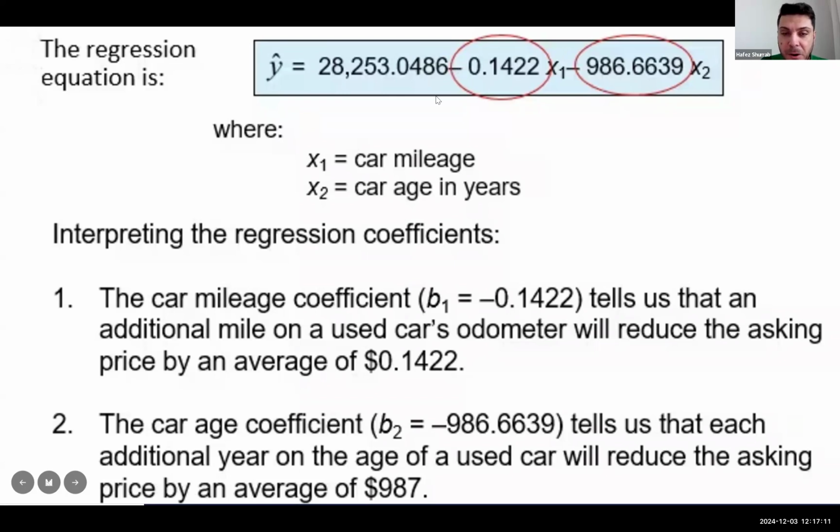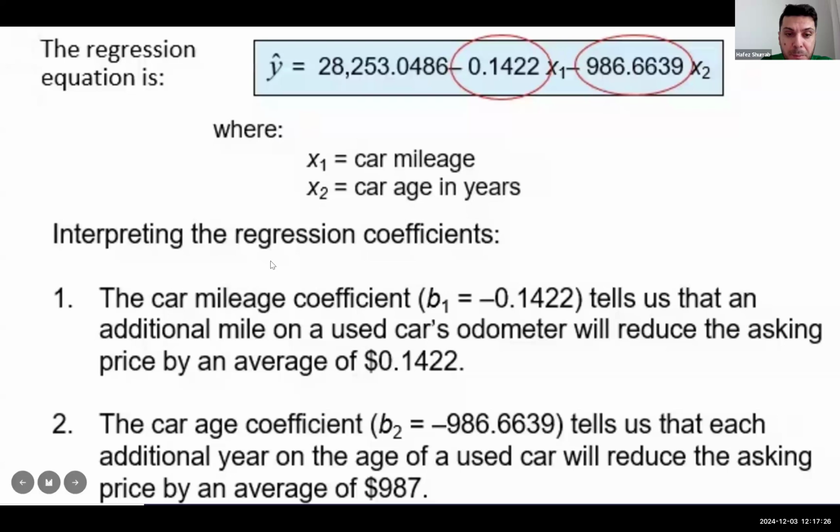In this case, we have a car, depending on the mileage and depending on the age of that car, how can we interpret those coefficients?